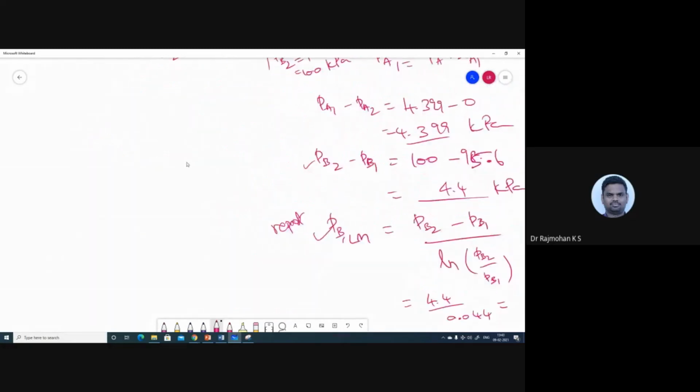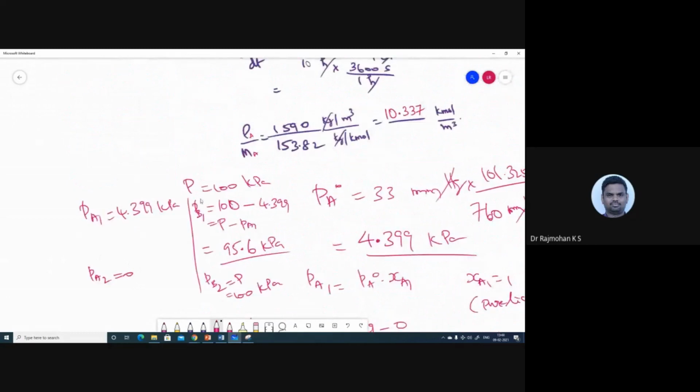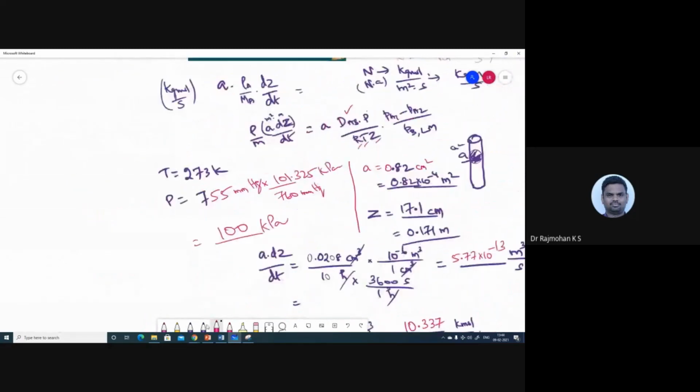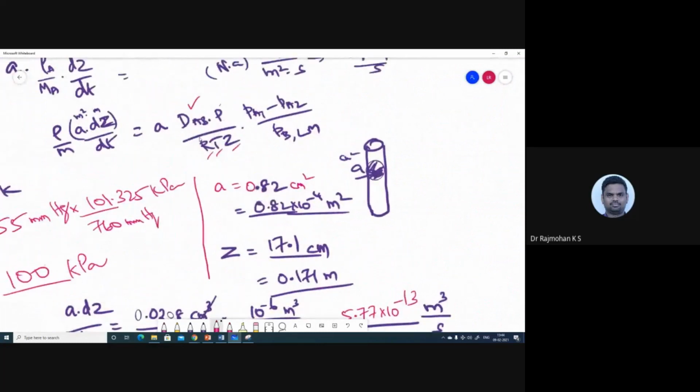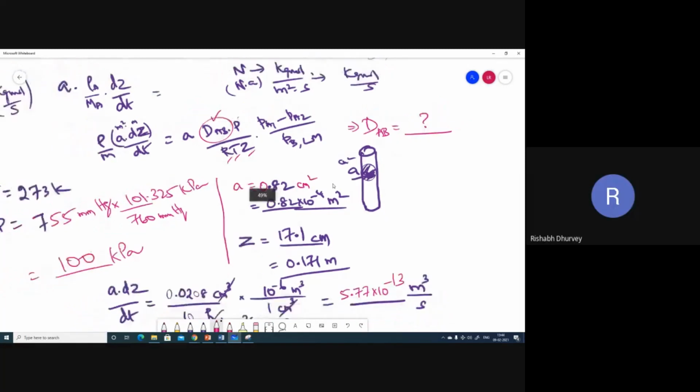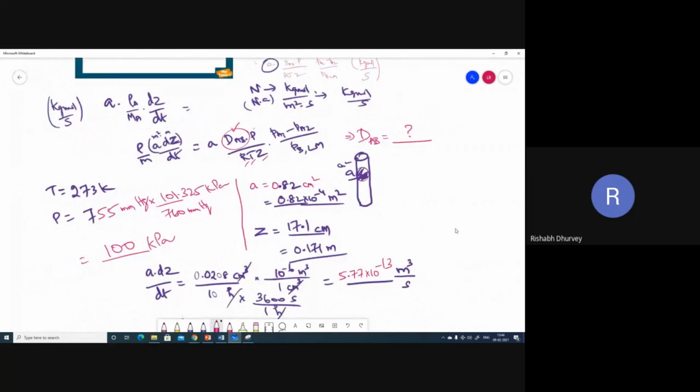Now we can substitute in the equation here. So now you have all the expressions required to substitute. In this, the only unknown parameter is DAB, right? So we can substitute to get DAB here. Sir, in the question, sometimes it's given that PB is around 1, which means the solution is very dilute.